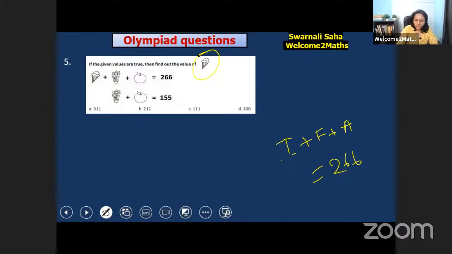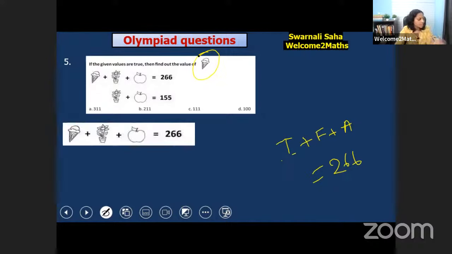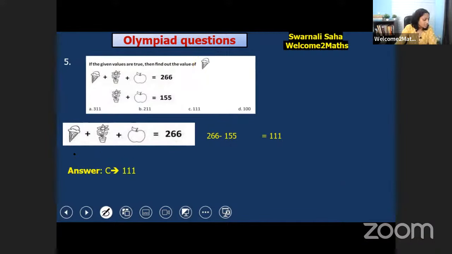How to do this? It's so easy. It's 266 and we already know it's 155. So for the value of ice cream, what you have to do is just subtract 155 from 266. That's all, and it's 111. That is the answer, 111. So C would be the answer. Answer C is 111. Very good.